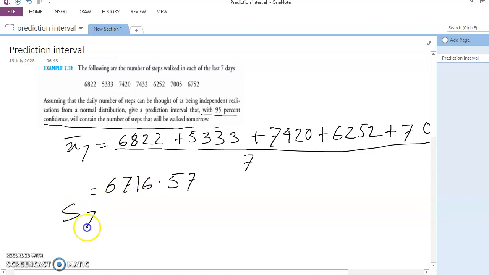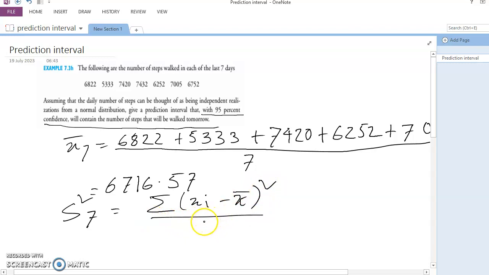Similarly, friends, I can find the variance. How can I find the variance? The variance formula: S7 squared is the summation of (xi minus x bar) whole square divided by n minus 1, where n is the number of observations.